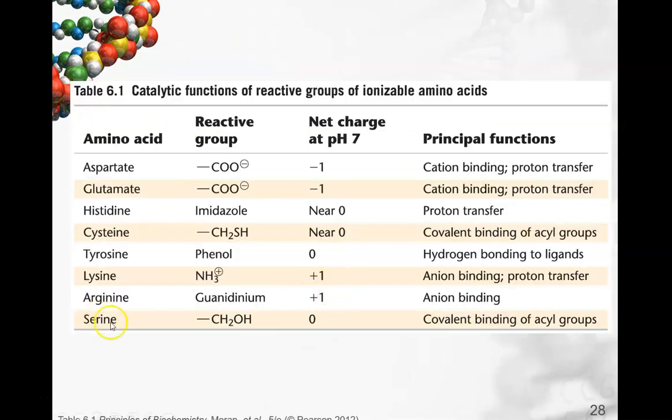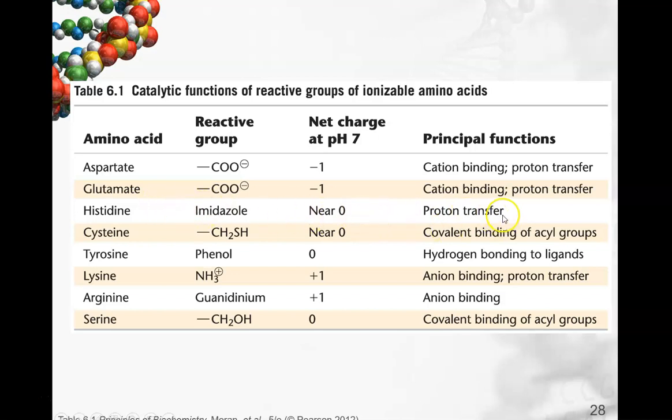So again, if we look at this chart right here, look at the reactive groups and look at their charge at pH 7, and we can see that we can put these in groups in terms of principal functions. Just to highlight some of these, we'd imagine a carboxylate group that's normally negative charge will be able to be involved in proton transfer, but maybe cation binding too. We see histidine quite a lot, and that's because its pKa is typically near physiological pH.